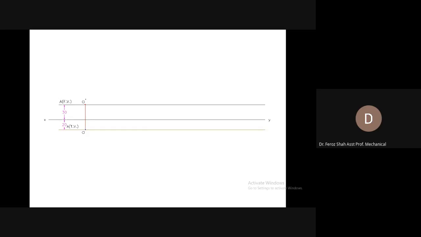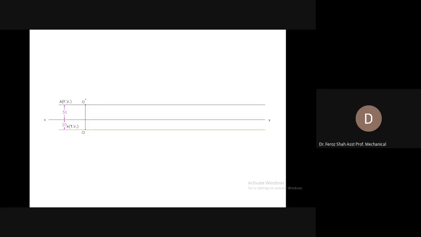So from here you have started, drawn the front view of end A, and exactly in alignment to it, its top view would be drawn, and that would come 20 millimeter below the XY reference line.